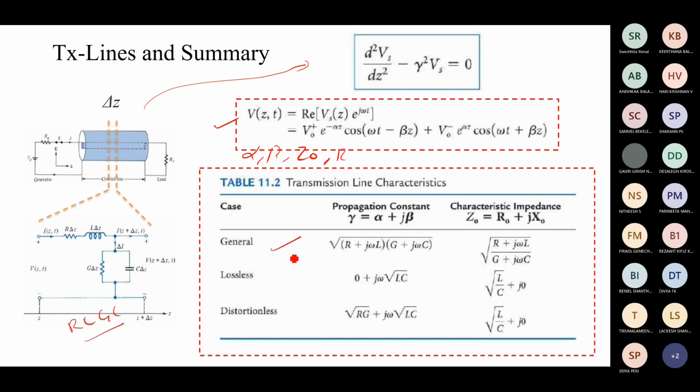This is the general equation for the propagation constant and the characteristic impedance or the wave impedance. For lossless and distortionless lines, there are some special cases. Lossless is almost impossible to make, but distortionless is very much possible with a reasonable alpha, which is a constant one, as well as the beta, which is linearly proportional to the frequency.